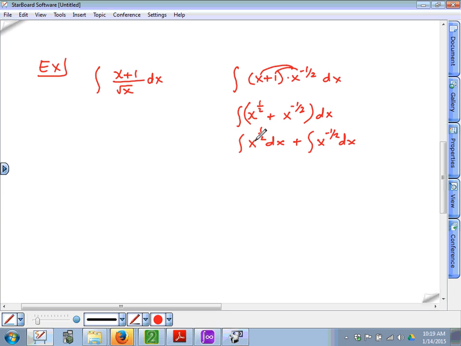So what's the integral of x to the 1/2? We just did that one. It's 2/3 x to the 3/2. And then we add the other antiderivative, which is x to the 1/2 over 1/2, which is multiplying by 2, plus c.